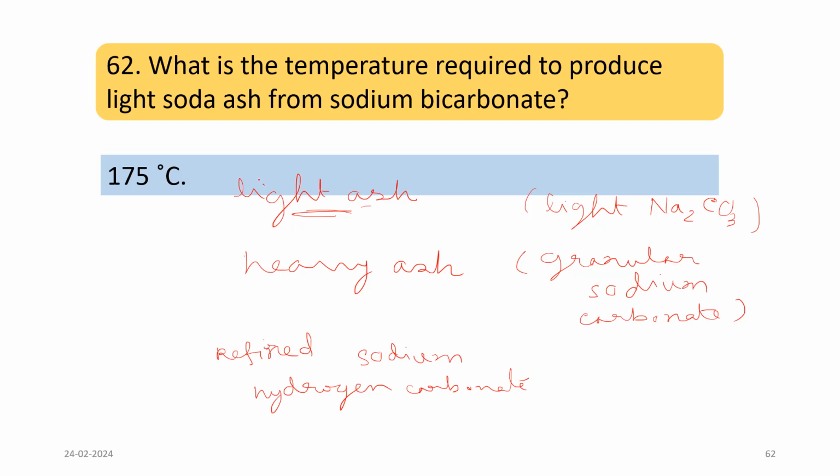So the equation will be: NaHCO3 is given heat and it produces Na2CO3, carbon dioxide, and hydrogen. So this is the reaction for producing light soda ash.